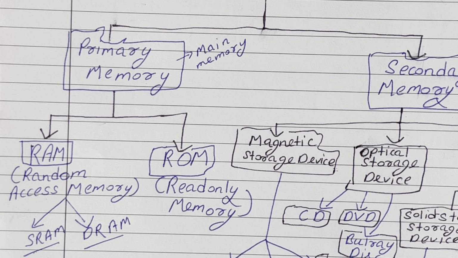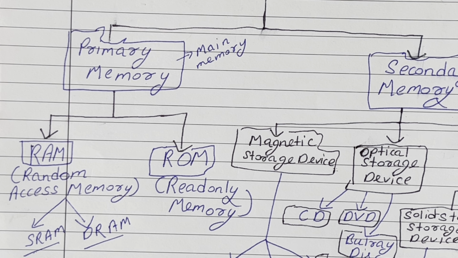However, because capacitors gradually lose their charge over time, the stored information begins to fade. To prevent the data loss, DRAM must be refreshed at regular intervals, typically thousands of times every second. During each refresh cycle, the stored electrical charge is restored so that the data remains intact.